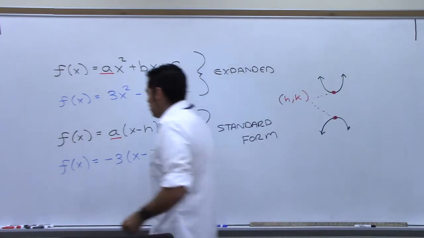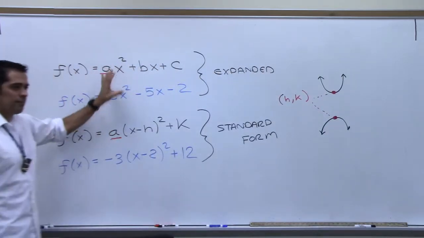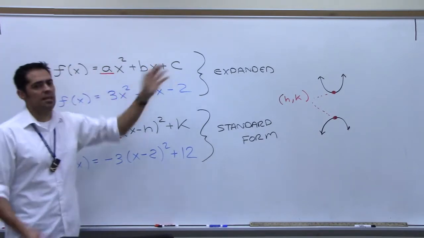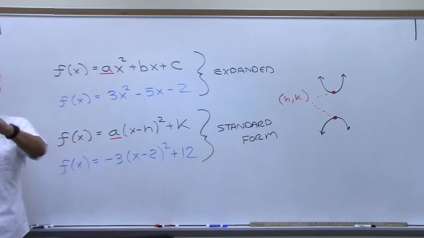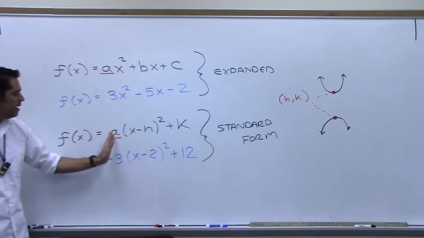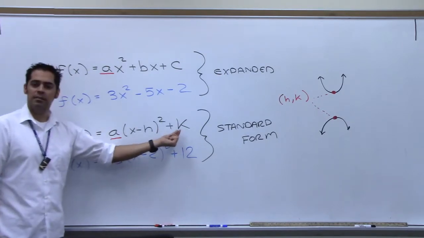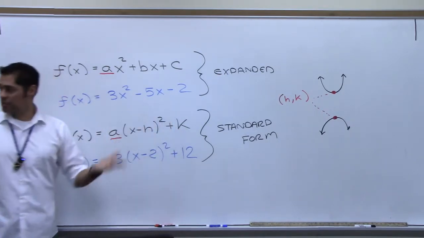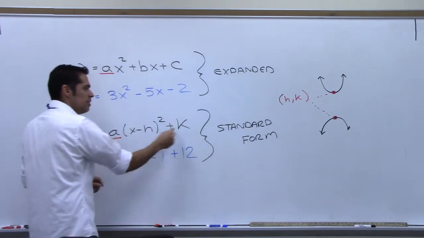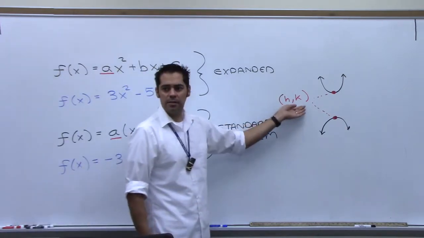Now, if you look at these two formulas, in expanded form we have A, B, and C. Those are 3 numbers, right? X is our variable. Here, in standard form, we have A, H, and K. A, H, and K are just numbers. But when something is written in standard form, the H and the K are automatically your vertex.